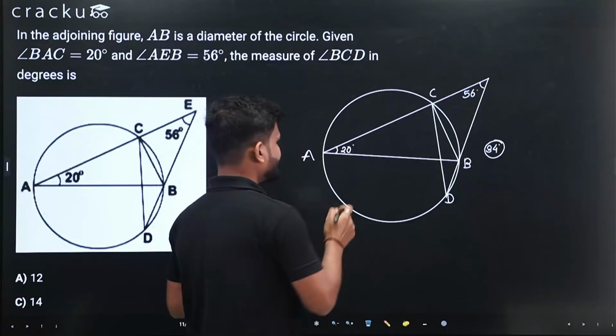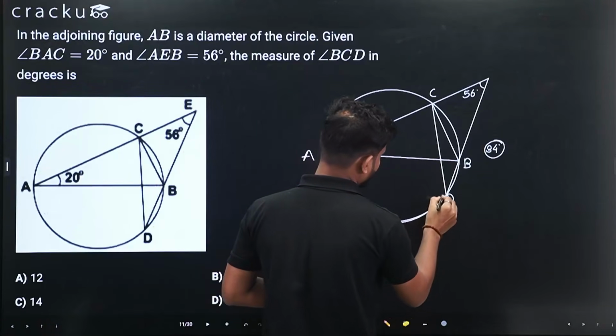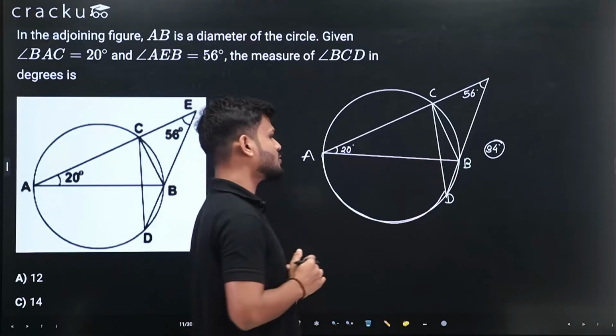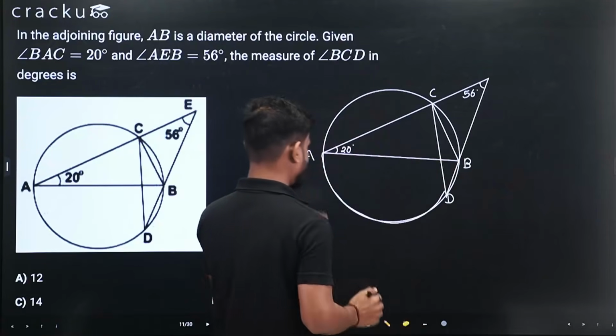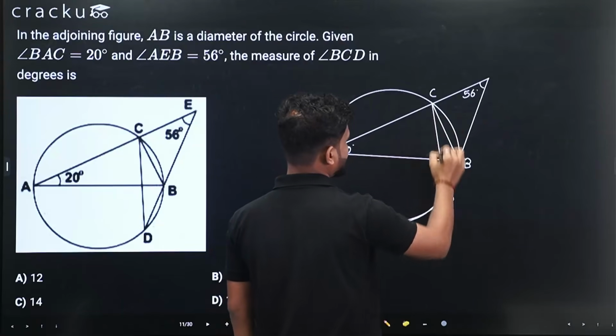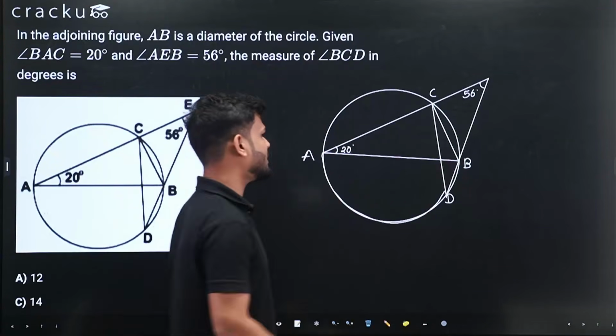If you see this arc AD, this arc is subtending two angles here. What are those two angles? The two angles are angle ABD and angle ACD. And the angles subtended by the same arc are equal.